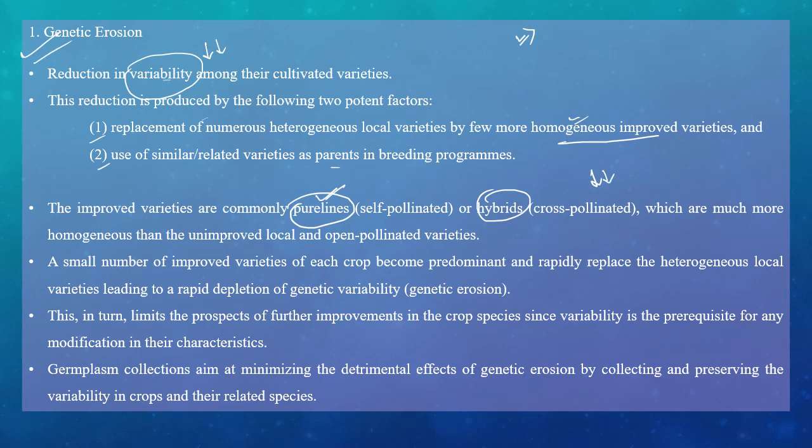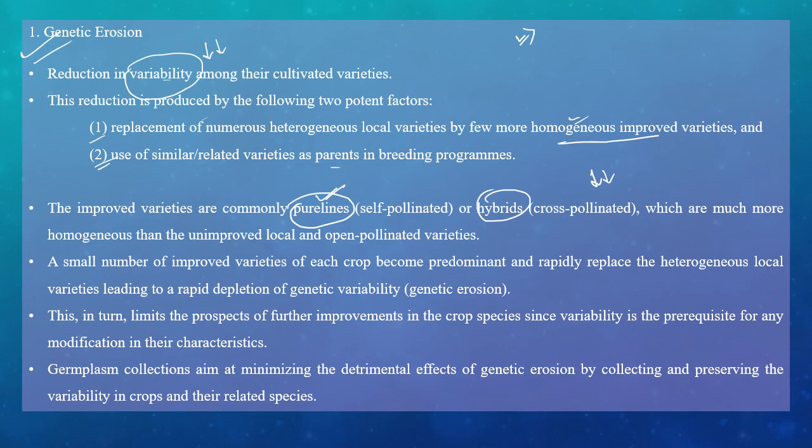And by this, we are diminishing the variability. In the second point, we are using one good parent in developing many varieties. So if the parent is the same, and it becomes susceptible to a disease, then all our varieties will be susceptible to the disease.